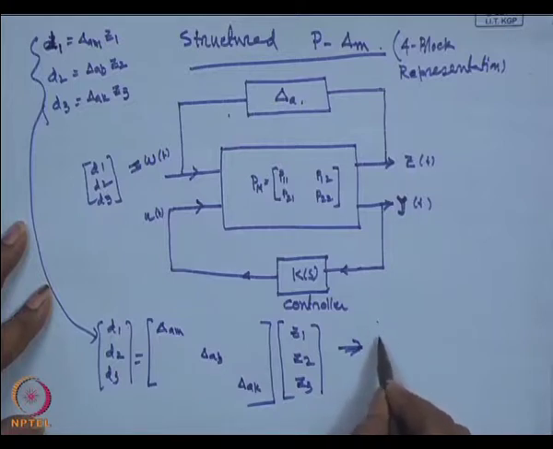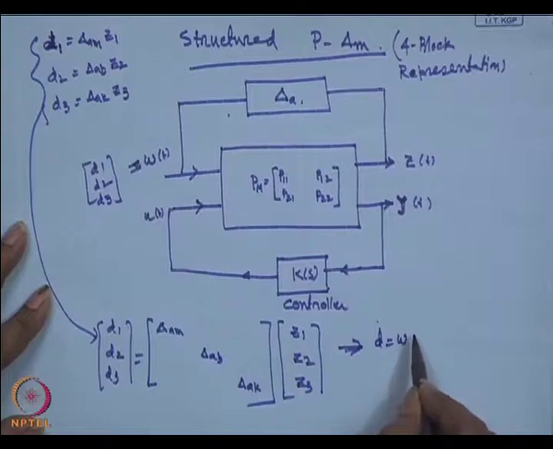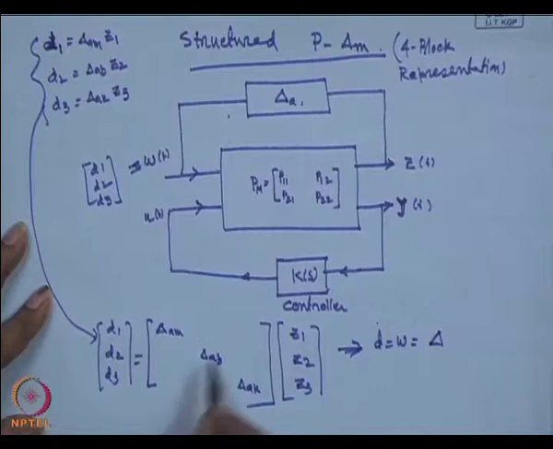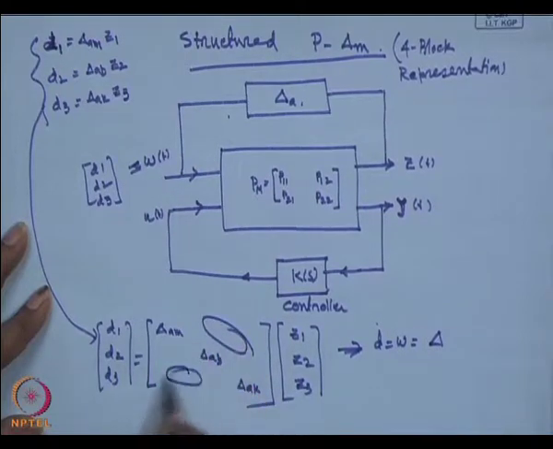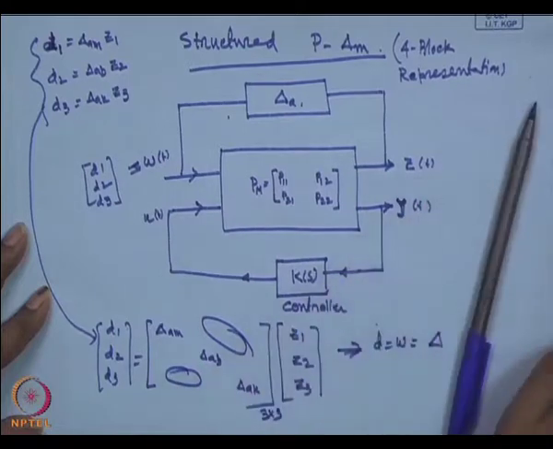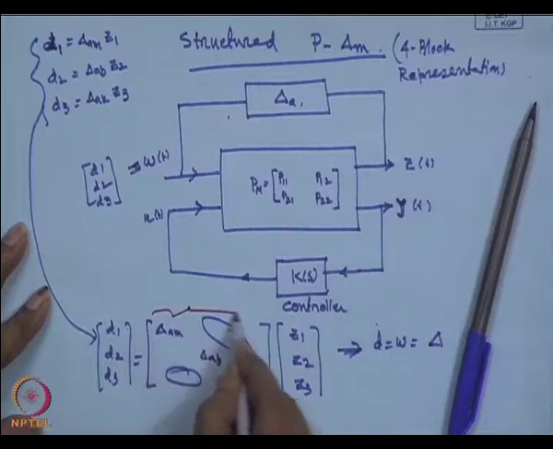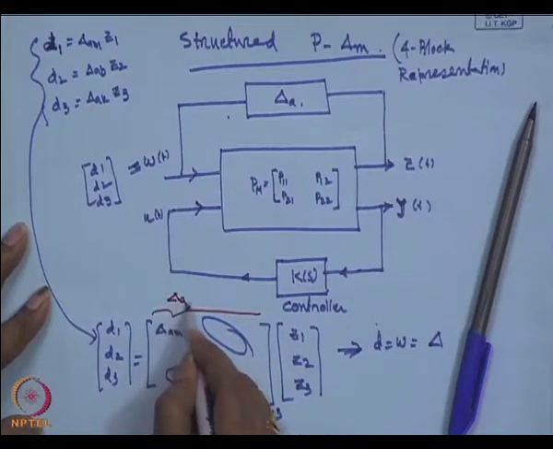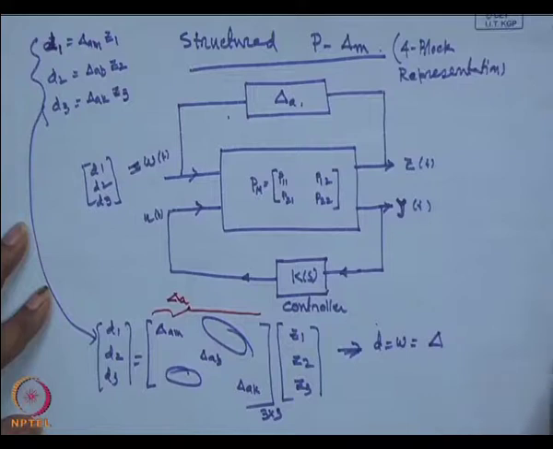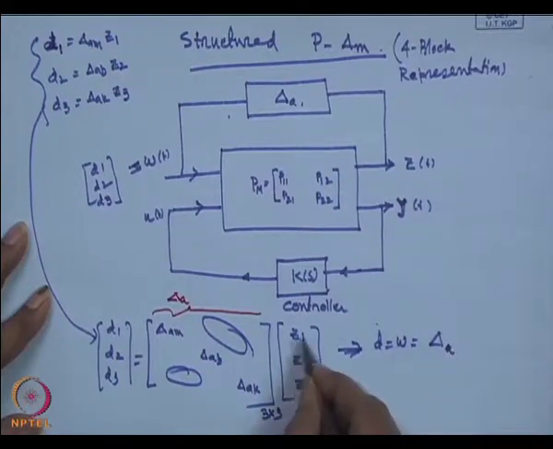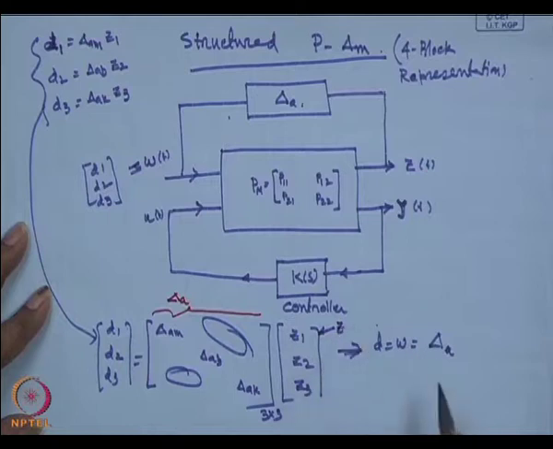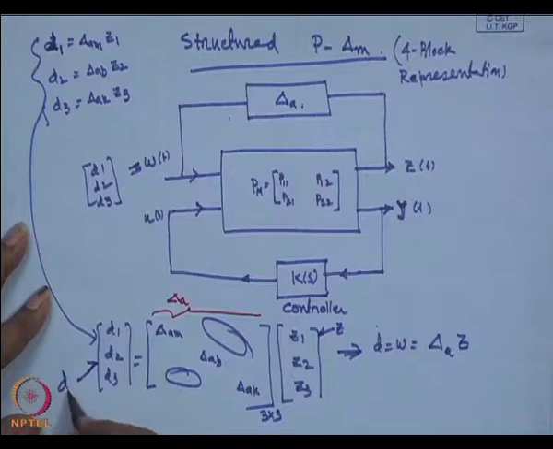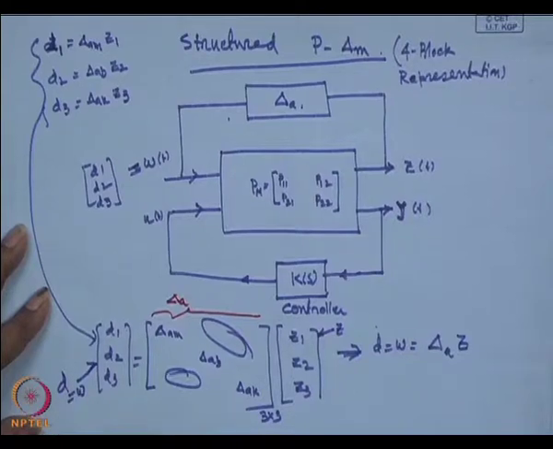That is nothing but D, which is nothing but W, equal to delta A times Z. Here all the off-diagonal elements are 0, the dimension is 3 by 3, and this matrix I denoted as a diagonal matrix delta A, multiplied by Z, and that is D, which is W.